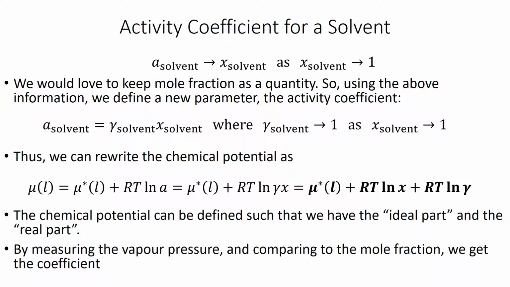So let's just discuss some more behavior of solvent activity. From the previous slide, we have the activity of the solvent and its conditions. What we would love to do, in fact, is to keep the mole fraction as a quantity in our chemical potential equation. So using the above, we can define a new parameter called the activity coefficient.